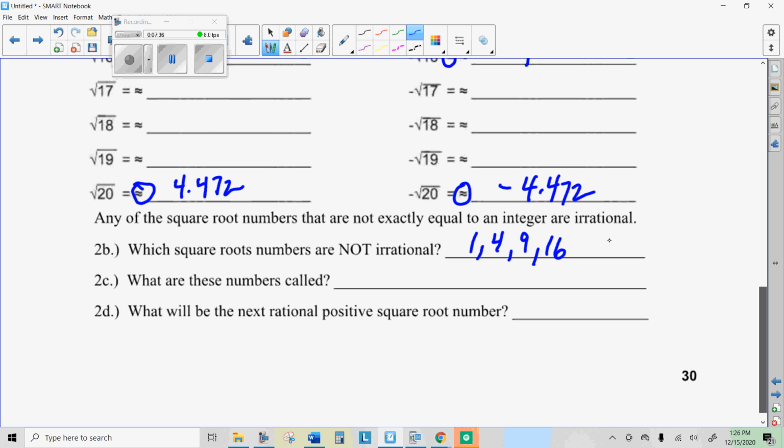And we call those perfect squares. And what will be the next rational positive square root number? Remember that this number is 1 times 1, 2 times 2, 3 times 3, 4 times 4. So the next rational positive number will be 5 times 5, which is 25.